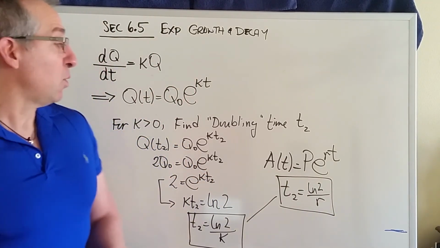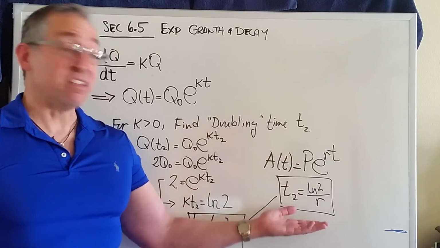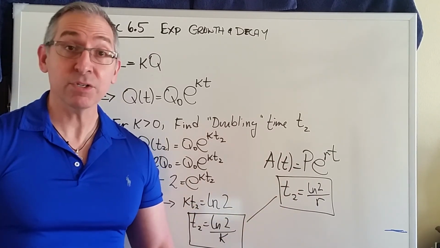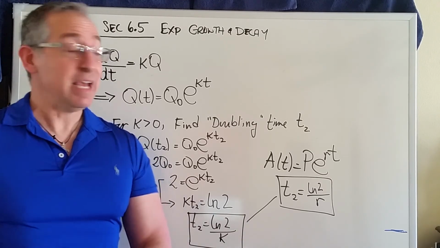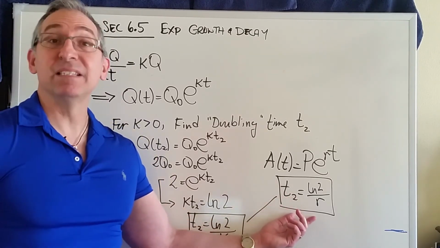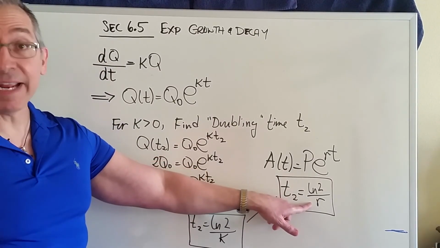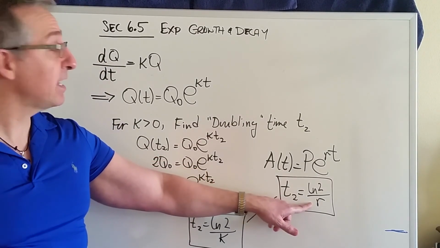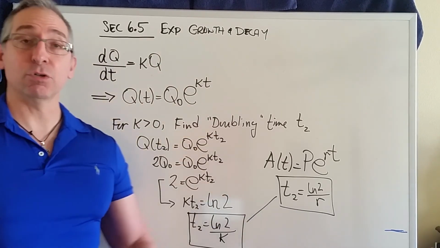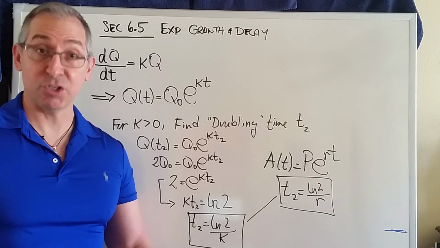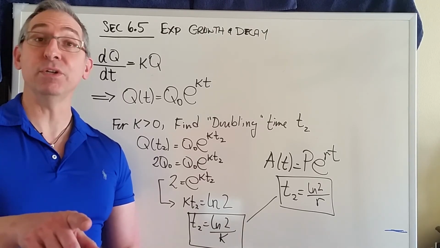So what I was going to say was, for example, in the case of money, it doesn't make a difference if you go into the bank with $500 or $5,000. The amount of time it's going to take for that money to double in size has nothing to do with that, and everything to do with the rate or the interest rate itself. So that's an example of exponential growth and the special time associated with it, necessary for an initial quantity to double in size.